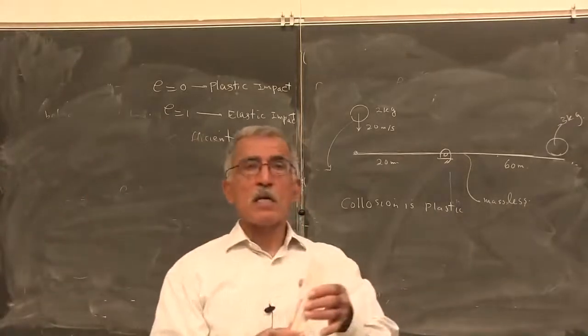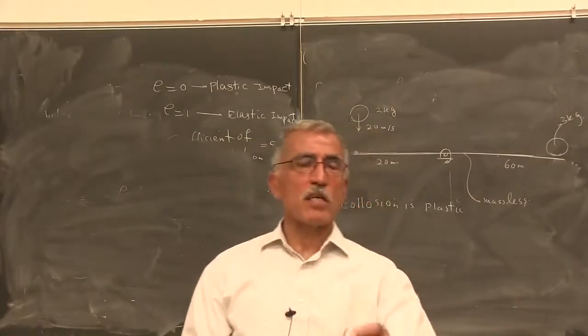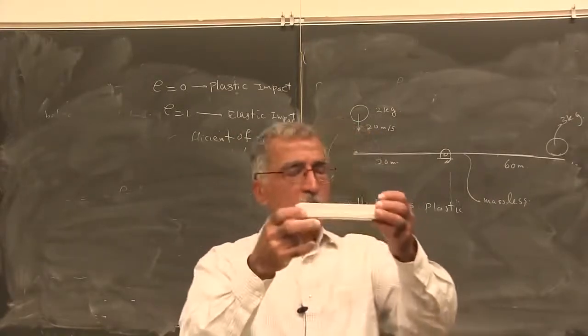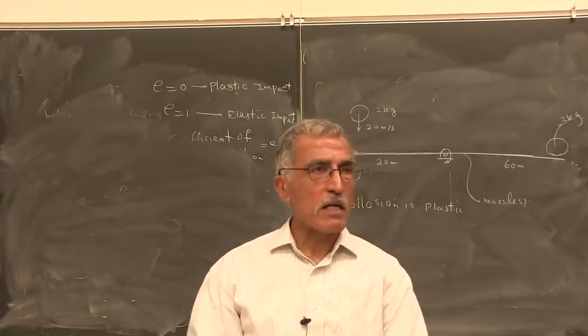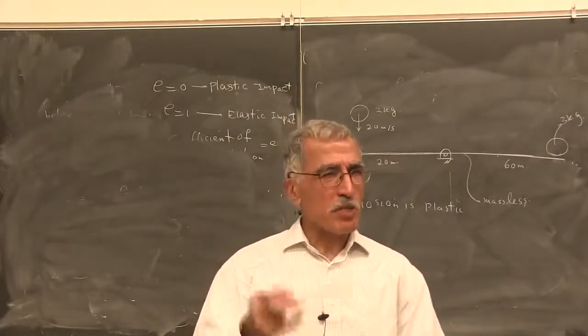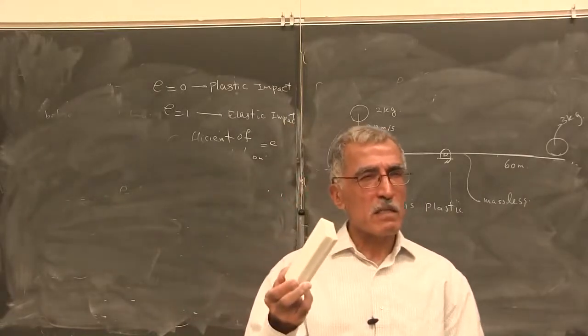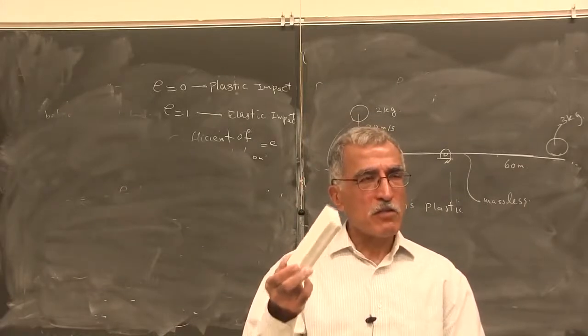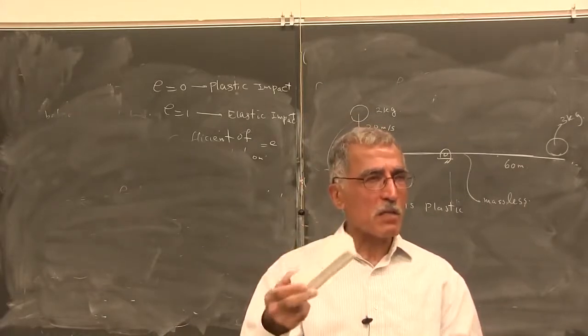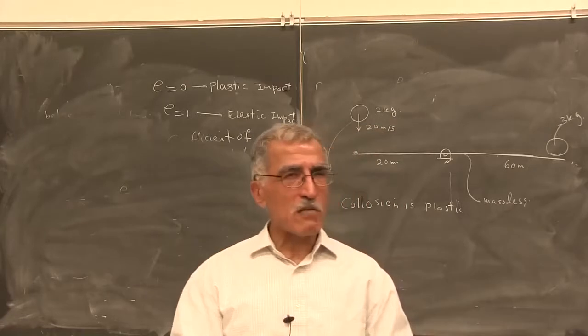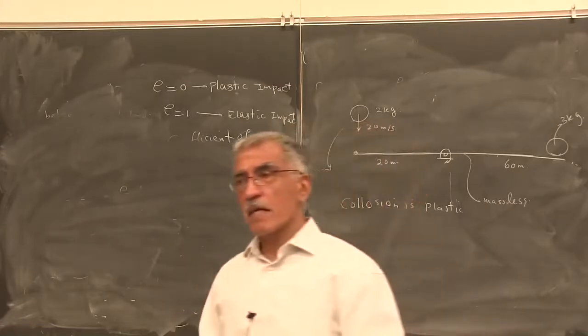If you have two balls coming here and hitting each other, or if this eraser comes from here and I drop it here, we generally forget mg. We generally forget mg for the impulse. We don't bring mg into the calculation. Can you tell me why?